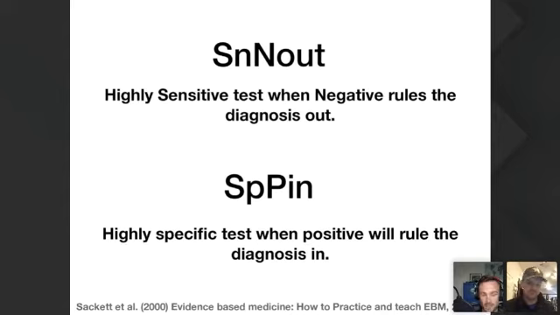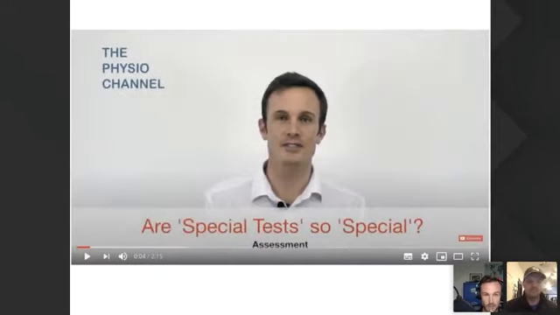If it's a highly specific test, then SPIN is the acronym to use. So if it's a highly specific test, when it's positive, it rules the diagnosis in. So you've got SN representing sensitivity, negative rules it out. High specificity, positive, it rules it in. So those are the two measures and how you can use those in clinic, ruling out and ruling in.